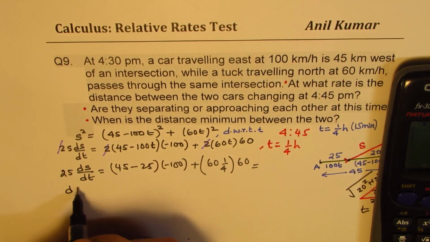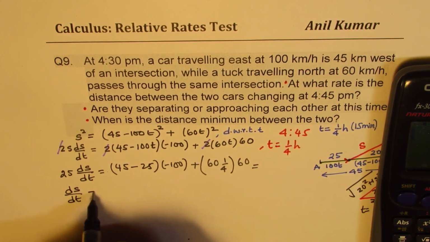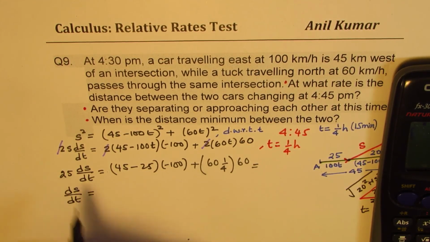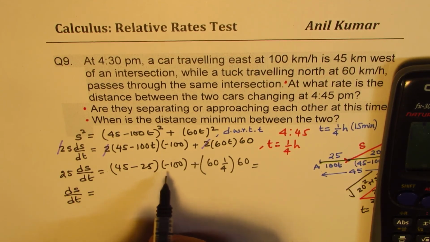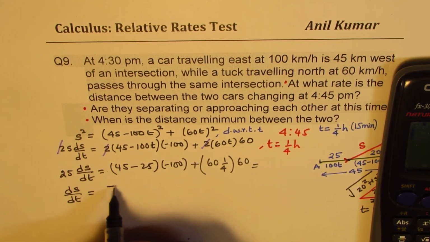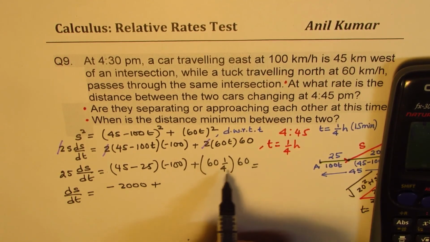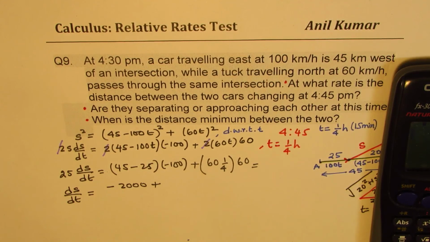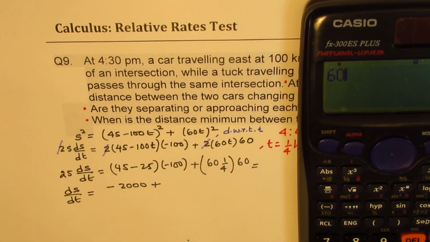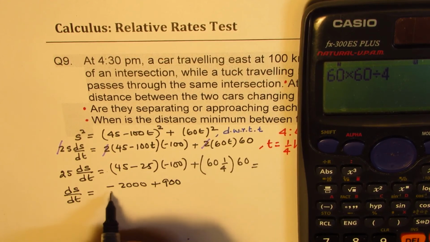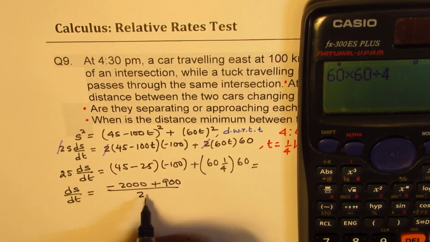We can open this bracket and divide by 25. Basically this is 45 minus 1/4 of 100, which is 20, so it is minus 2000, plus 60 times 60 divided by 4 equals 900. Then we divide this by 25, correct?